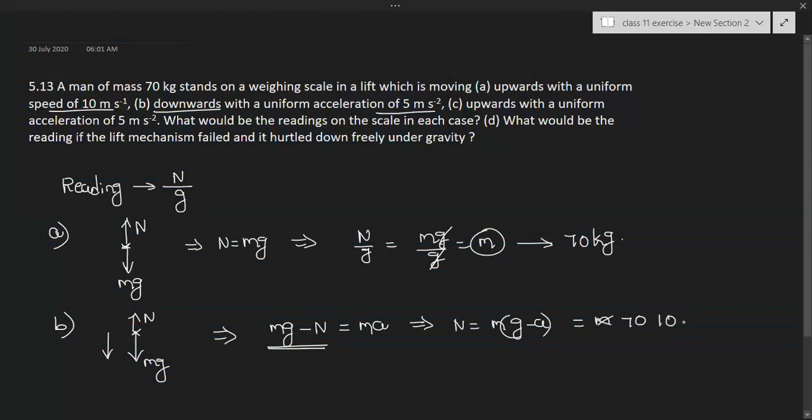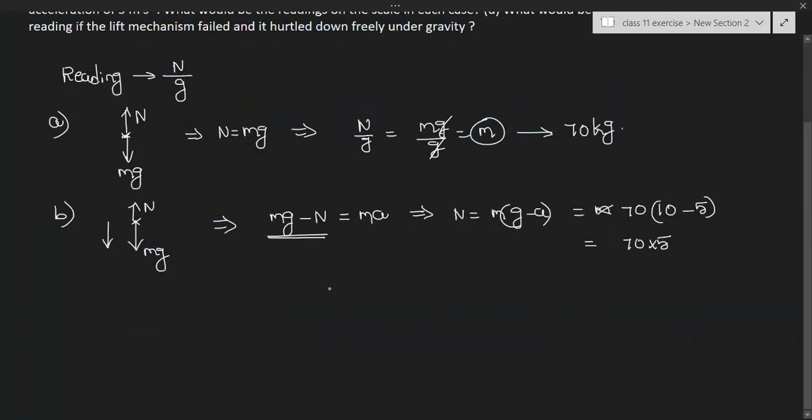Let's take g equal to 10 minus the acceleration given, 5, which is equal to 70 into 5. Now the reading of the weighing scale is equal to N by g, which is 70 into 5 by g, where g value is 10. So here it is 35 kg. While the lift is going downward with acceleration 5 meter per second square, the mass reading for that person is 35 kg.